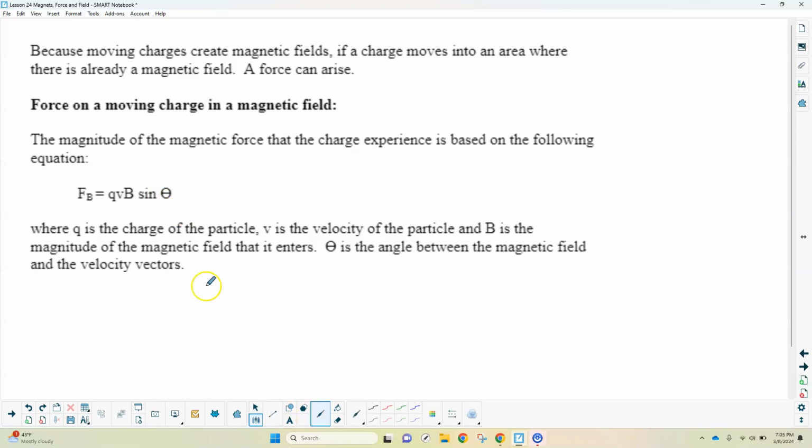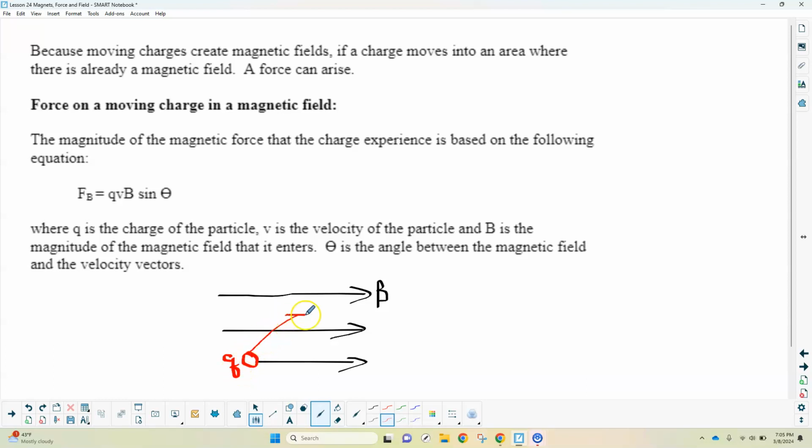If I drew magnetic field lines like this, I'll label that B for the magnetic field, and I had some charge, which I'll say is q, moving at some velocity v, the angle between those two things would be theta.